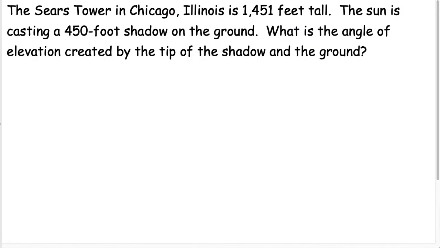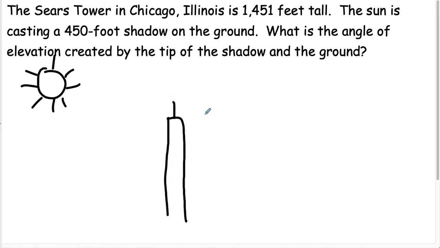And this is my last example. It says the Sears Tower in Chicago, Illinois is 1,451 feet tall. So again, same idea. Here is a tower. And then the sun is casting, I've got to draw a sun. So here's the sun first. And then this is the tower.